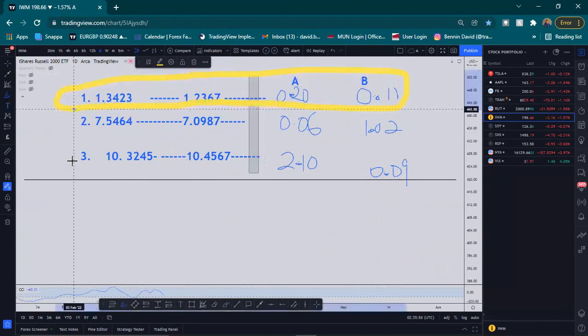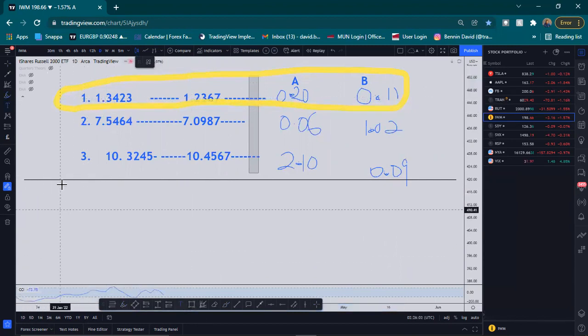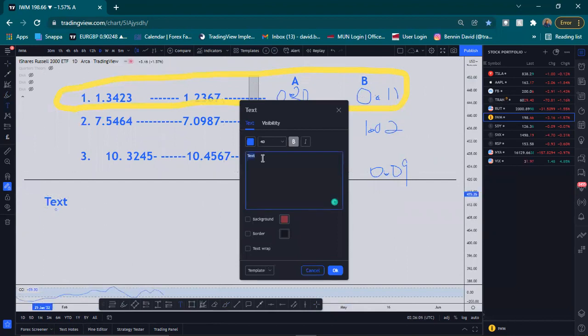The currency moved from here to here. So for us to know the total number of pips, what do we do? We subtract 3423 minus 2367.